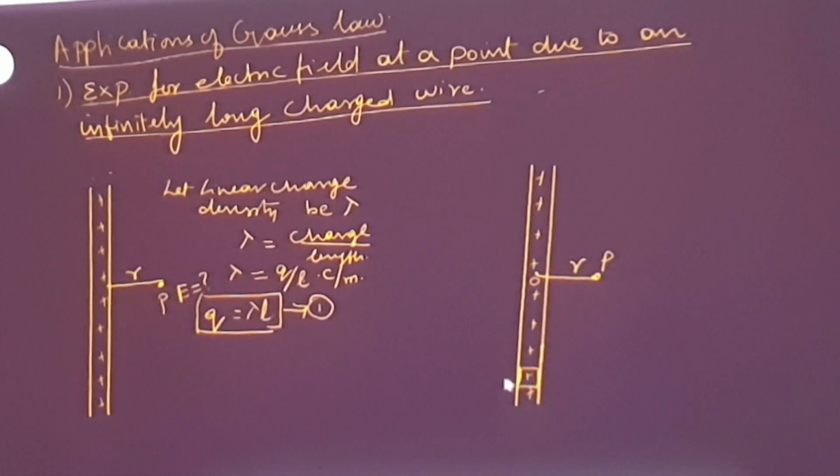One at the bottom, I am considering as A1, and one at the top, I am considering as A2. We should be clear that from the center point O, these charge elements A1 and A2 are at equal distances.